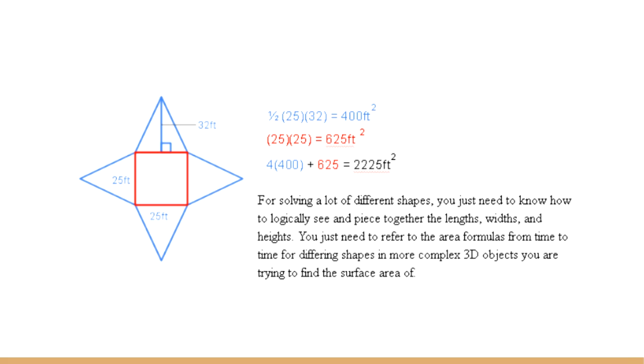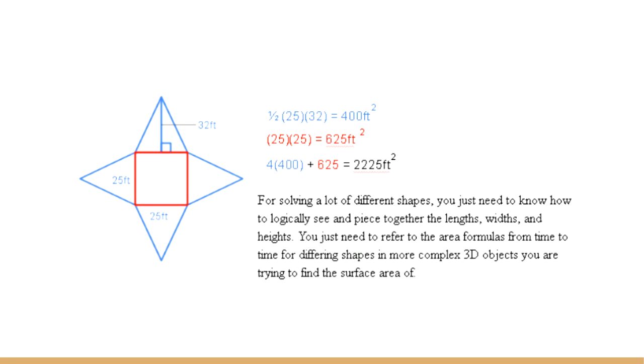But with the square, you get 25 by 25, which would make 625 feet squared. Then you only have to multiply 400 by 4 to get the area of all the triangles in the shape. And then you just add the square. And then you get your total of 2,225 feet squared.